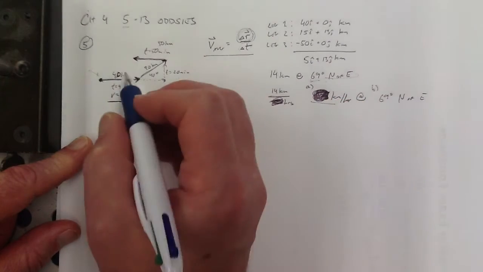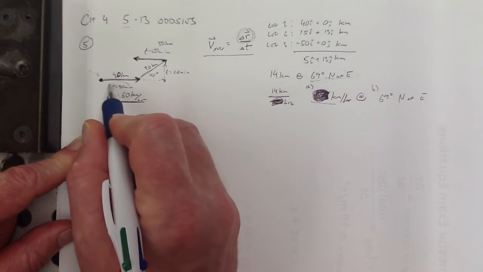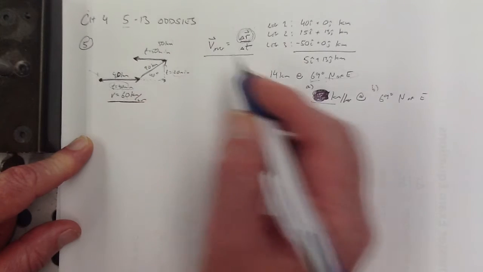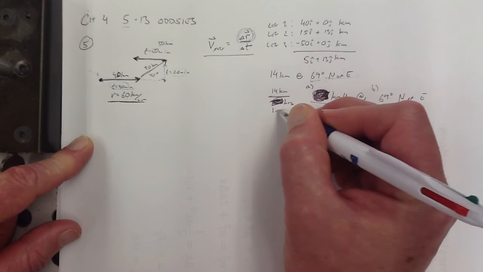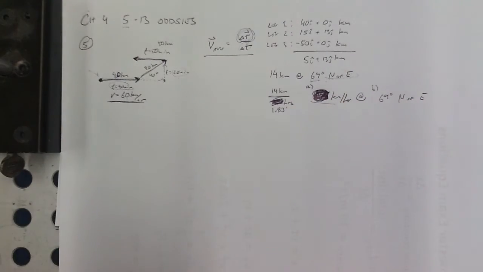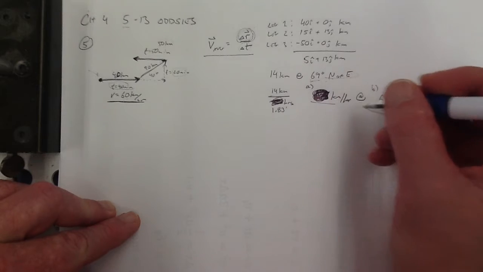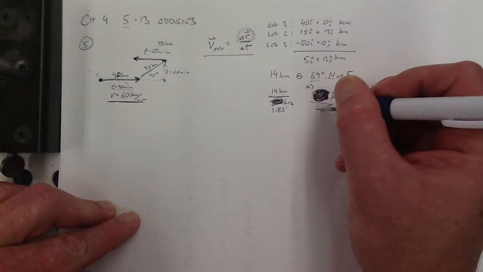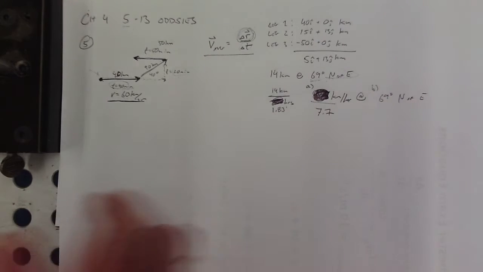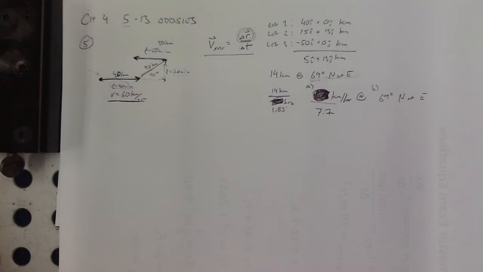And then if you add up all the times, you've got 40 minutes and 20 minutes is an hour and 50 minutes. That's 1.83 hours. And 14 divided by 1.83 is about 7.7 kilometers per hour at that angle there.